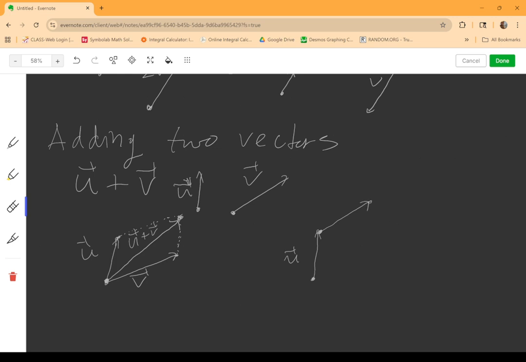All right, and now at the terminal point of v, I'll reach out from my initial point of u and go there, connect them, and that becomes my vector u plus v. Okay. All right. So that's the tip to tail method and the parallelogram method, equivalent methods to find the addition of two vectors.